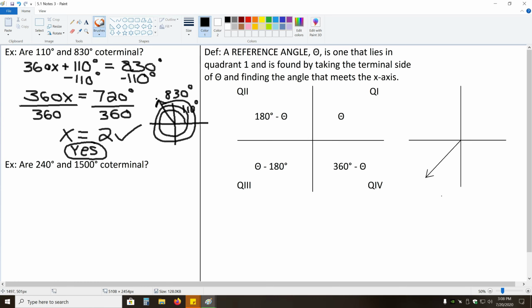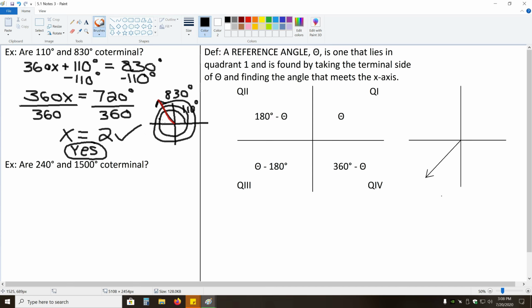Meaning, if 2 angles are coterminal, then they share the terminal side of the angle. So both 830 degrees and 110 degrees fall on this terminal side.